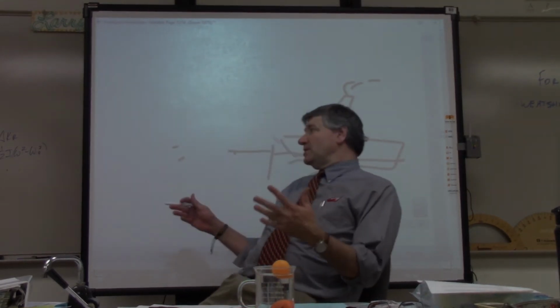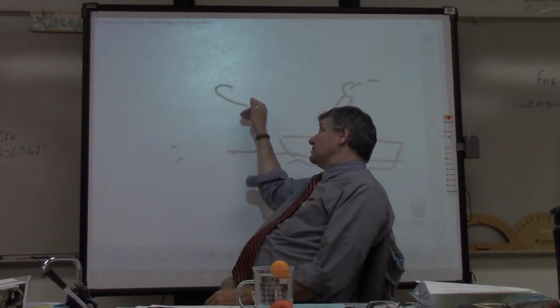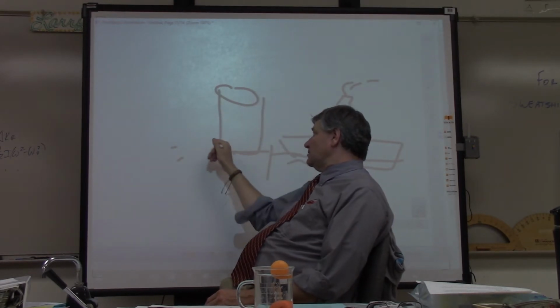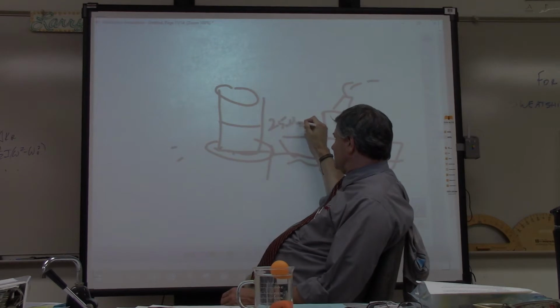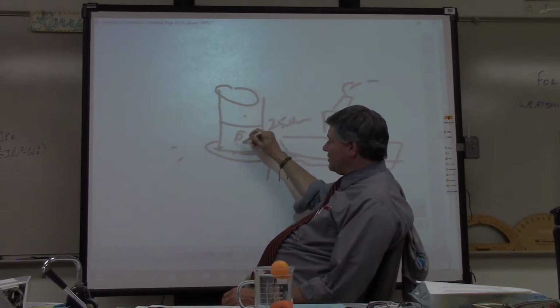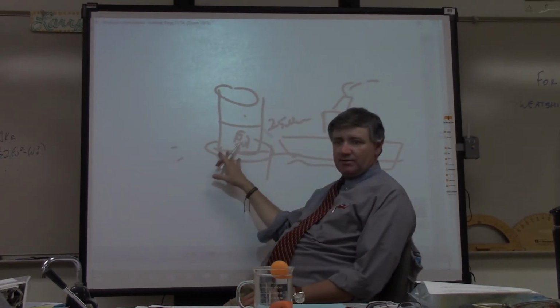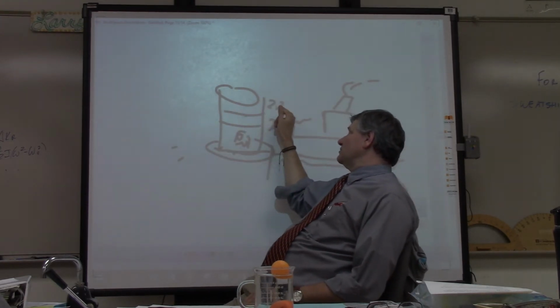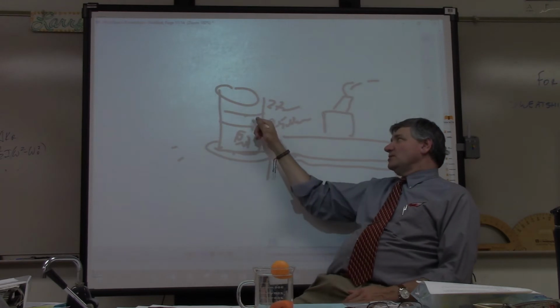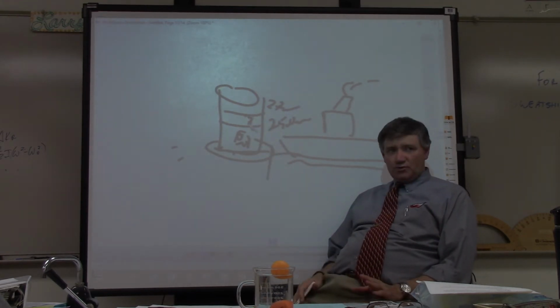So, if you remember back, hopefully you did this lab at some point where you take a graduated cylinder, and let's say you're at 25.0 milliliters, and you drop a rock inside of here, and it's fully submerged, and it goes up to like 27 milliliters. So what was the volume of the rock? 2 milliliters.